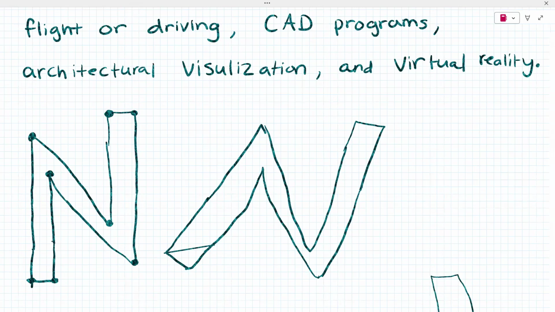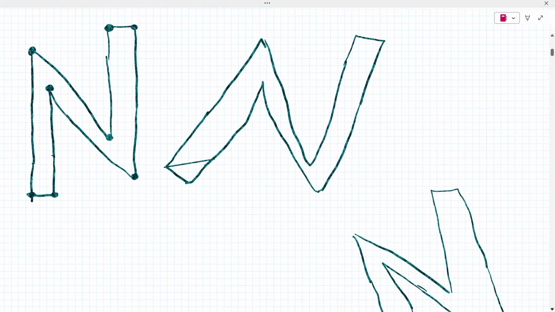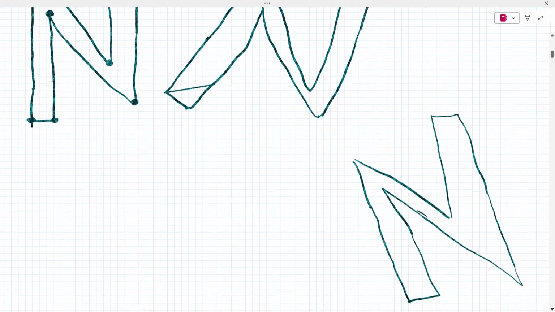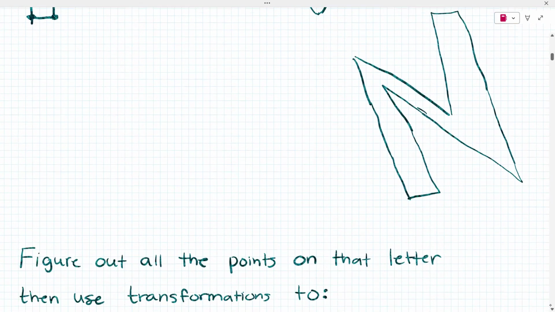Then sometimes we're going to have to move the N to the right, move it to the left, or flip it, make it bigger, smaller. So that's what we're going to do. We figure out all the points on that letter and then we use transformation.